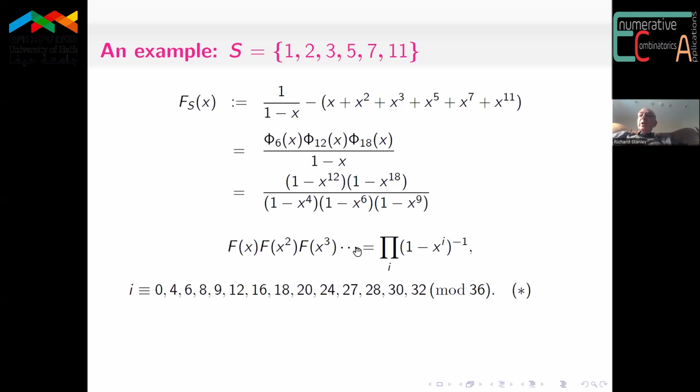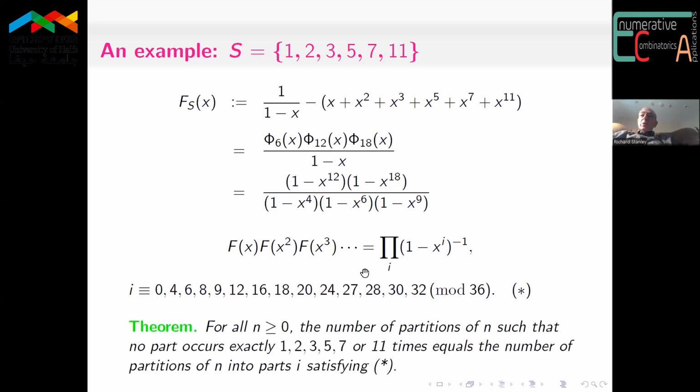The numerator completely cancels the denominator, and the denominator factors, 1 minus x to the i, are for these values of i, certain congruence classes modulo 36. So that leads to a new partition identity.